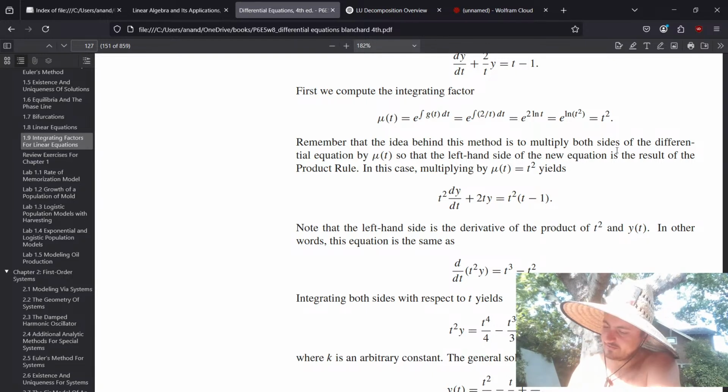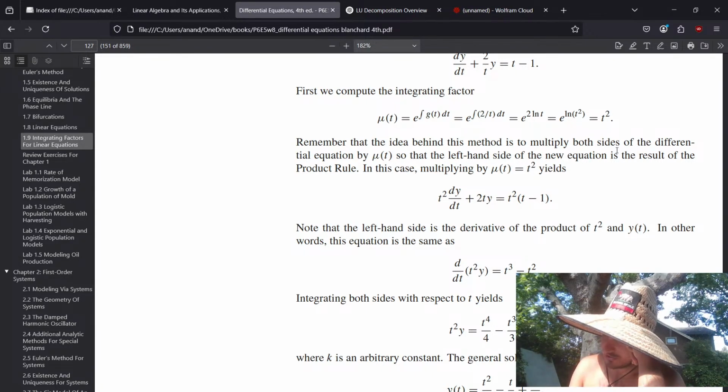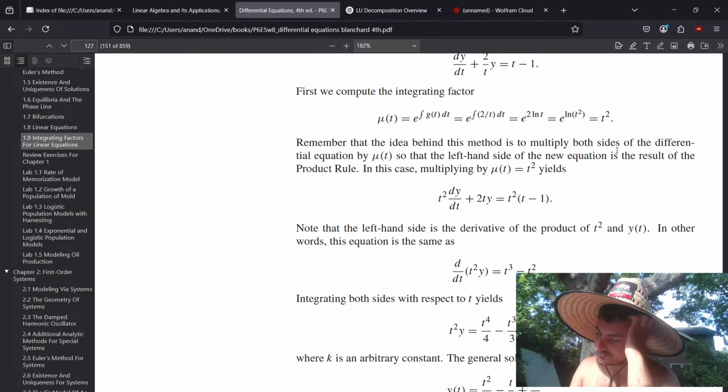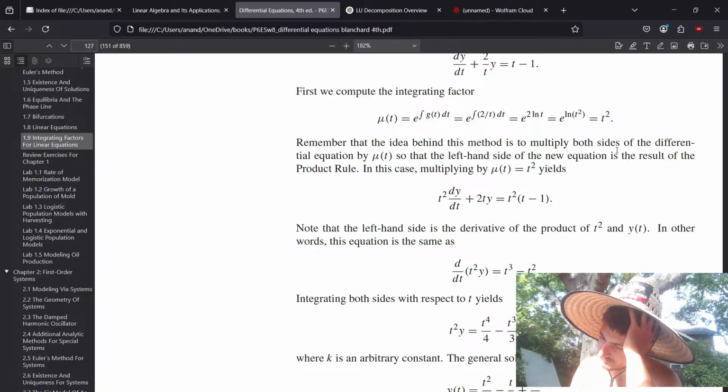Okay, now that we have mu of t, we want to multiply both sides by it. So we want to go t squared y prime plus 2t, because the denominator t cancels, y is equal to t squared times t minus 1.